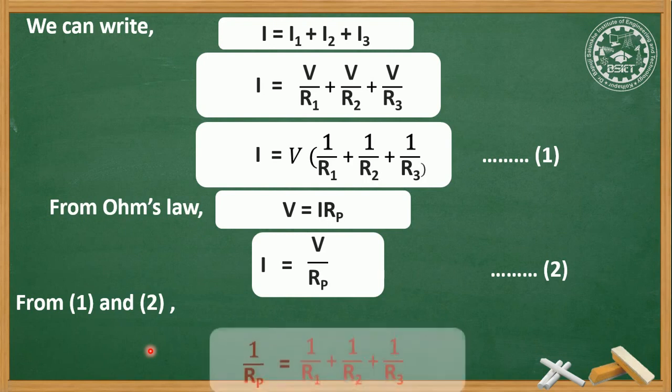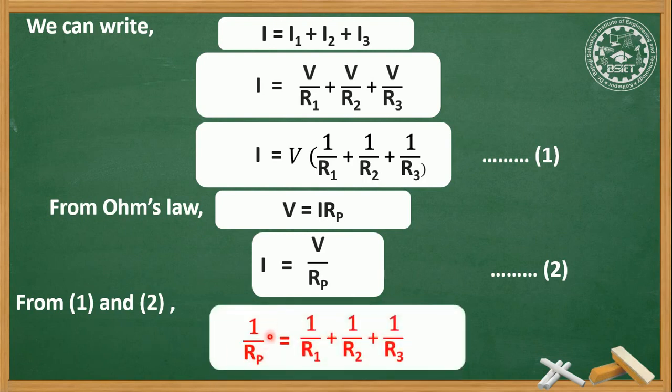So we get 1 upon Rp is equal to 1 upon R1 plus 1 upon R2 plus 1 upon R3. Comparing this and this, we get this equation.